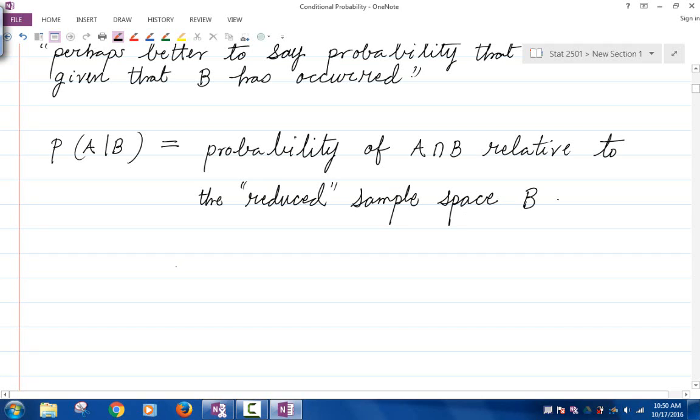So then what is that? Well, it is the number of elements in A intersect B divided by the number of elements of B, which is 1 out of 3.